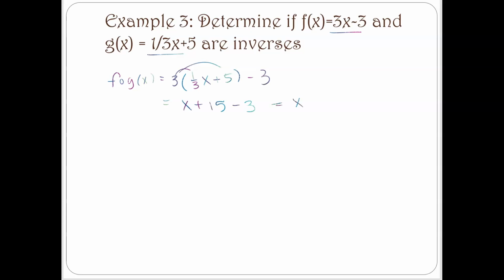So that gives x plus 12. Does x plus 12 equal x? No, they do not. This has plus 12, this has just x. So no, f and g are not inverses.